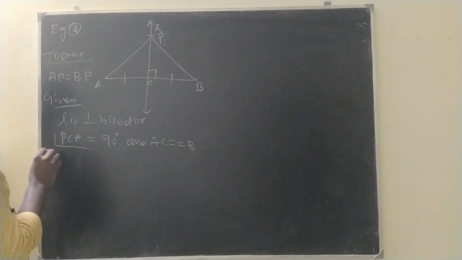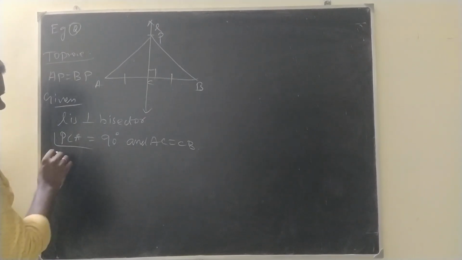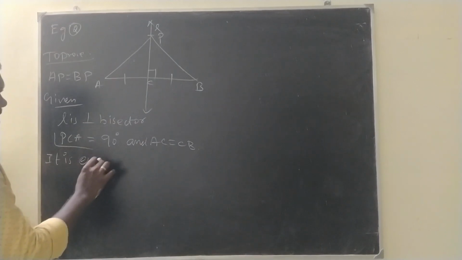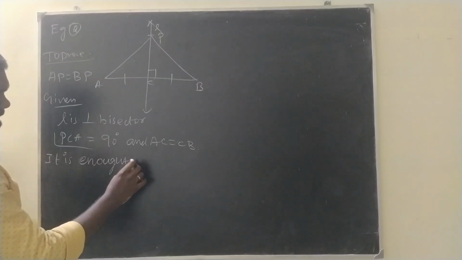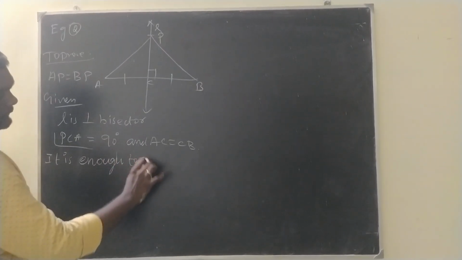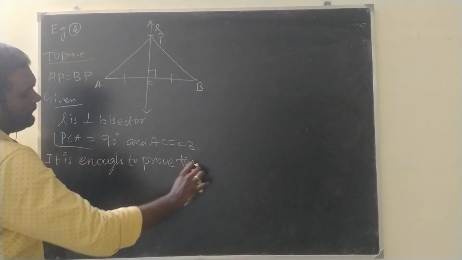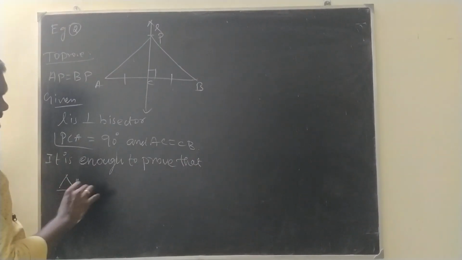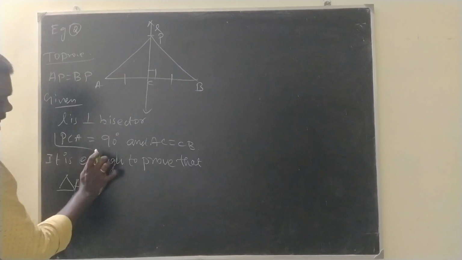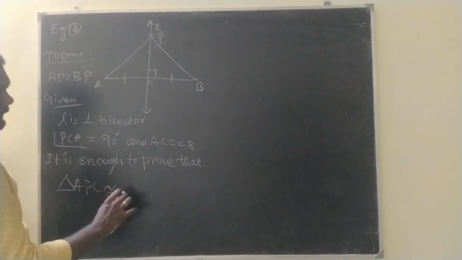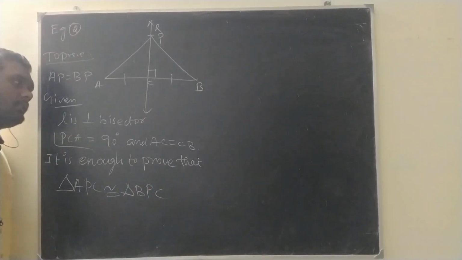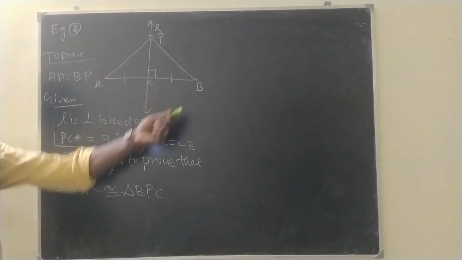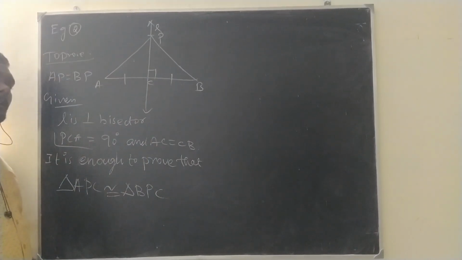Now, it is enough to prove that triangle APC is congruent to triangle BPC, because if we can prove these two triangles are congruent, then automatically the sides AP and BP will be equal by CPCT.